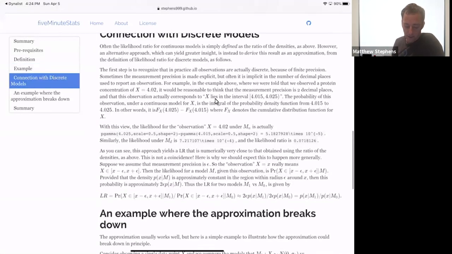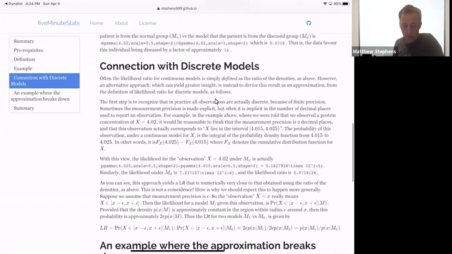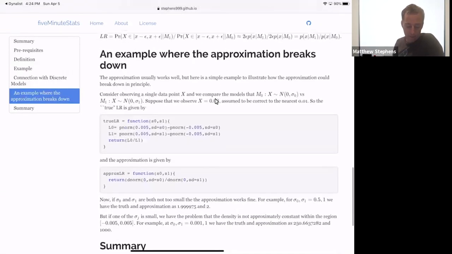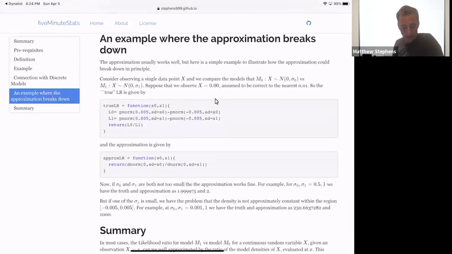So in other words, if you want to be more formal about it, as you let epsilon, the measurement precision, go to 0, the likelihood ratio for that event, as defined using discrete probabilities, will converge to the ratio of those densities. I'm not going to go into details, but there's a little example here to show where that approximation may break down.